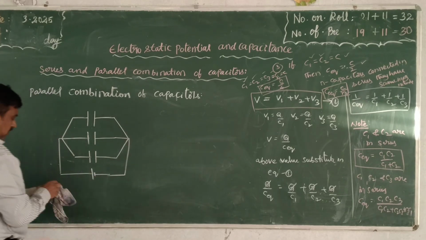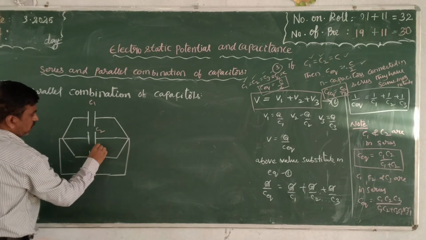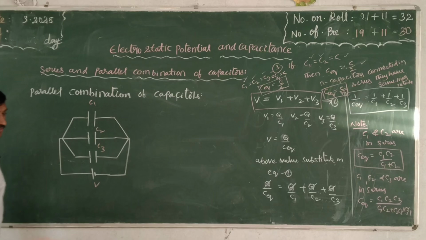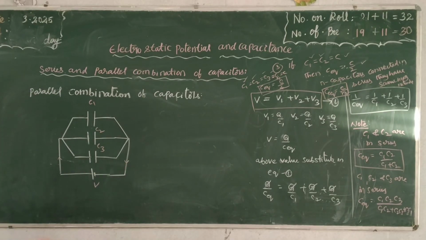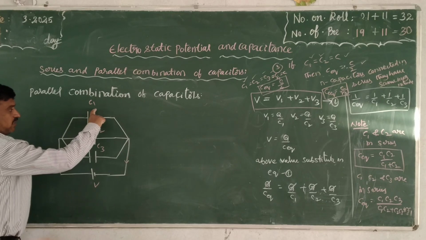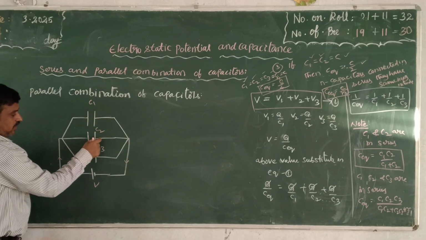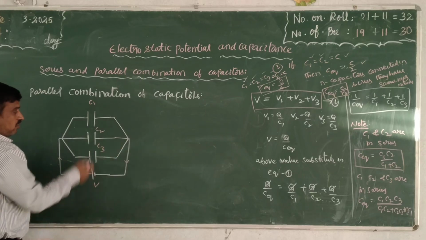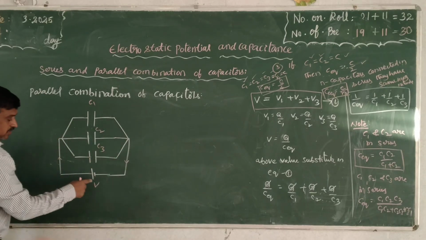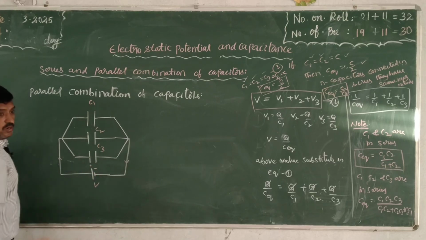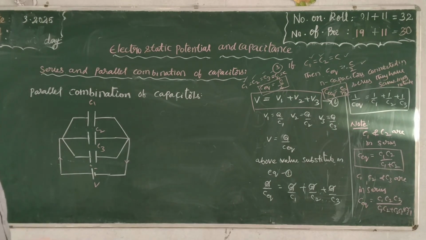See here it is C1, C2, C3, potential V. Current is flowing from higher to lower. Every capacitor has two terminals, first and second. This fixed point is connected to positive, the other to negative. So this we call parallel combination of capacitors.